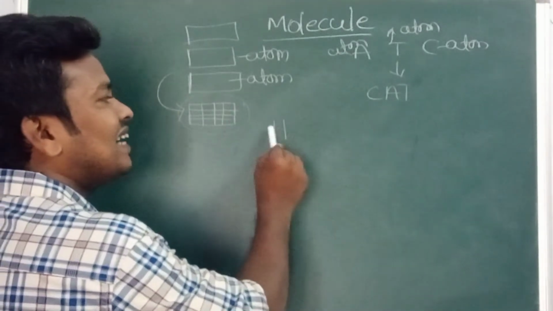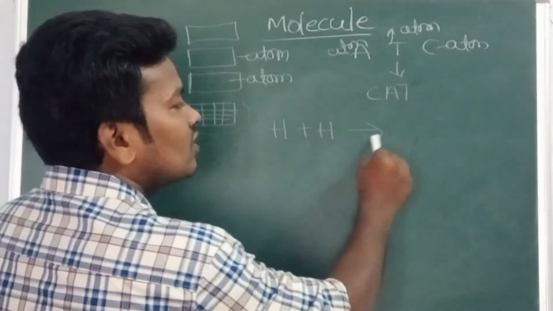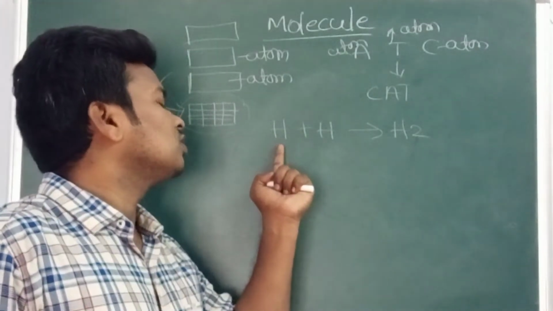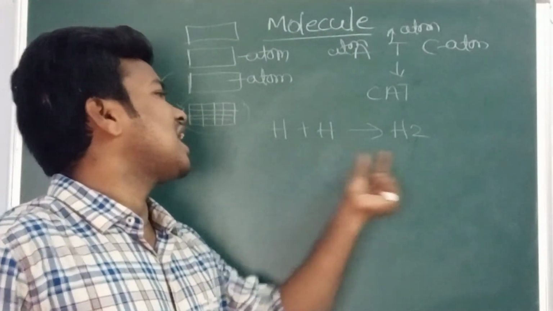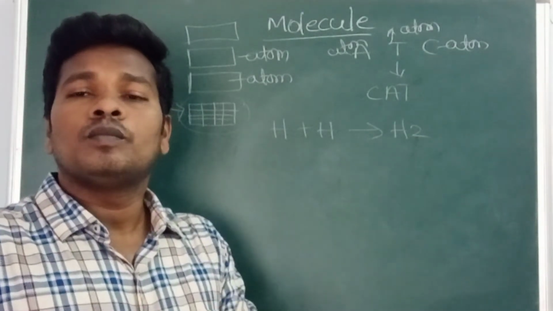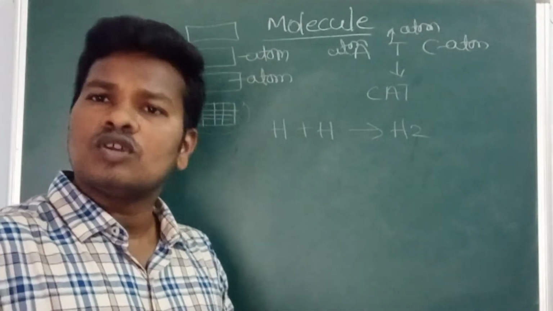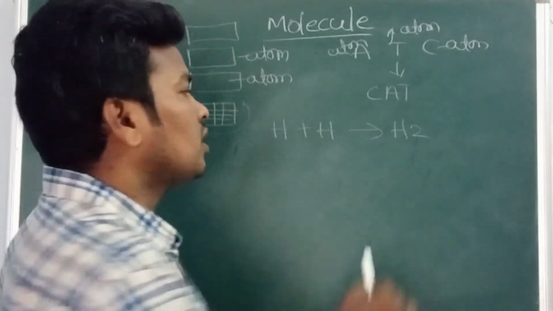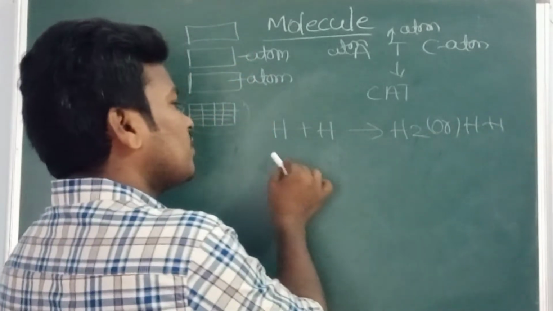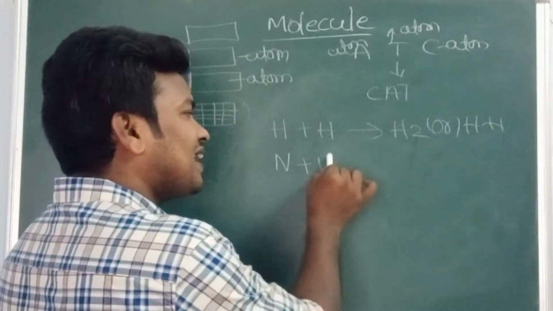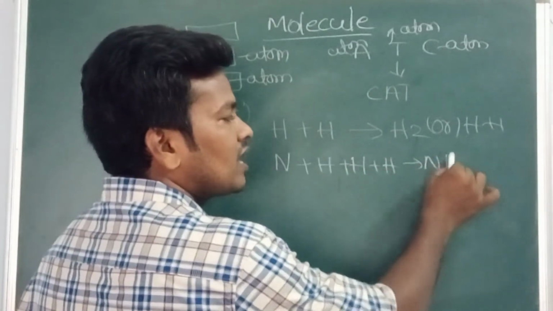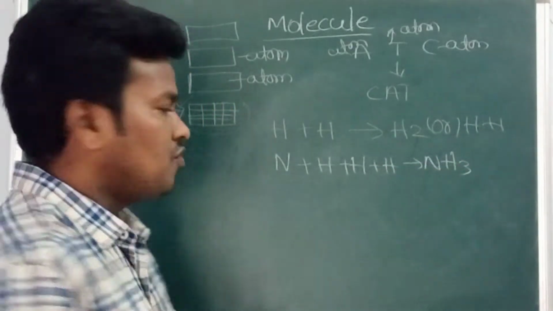For example, hydrogen plus hydrogen combine to form an H2 molecule. One atom is combining with another atom to form a molecule. To hold the molecule, some attractive force is required, and that is what we call a chemical bond. Otherwise, one nitrogen atom and three hydrogen atoms form the molecule NH3.